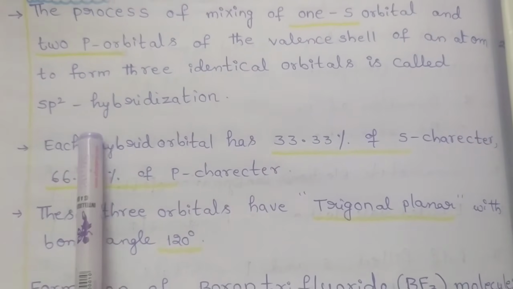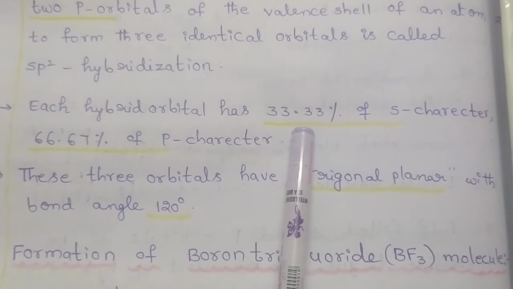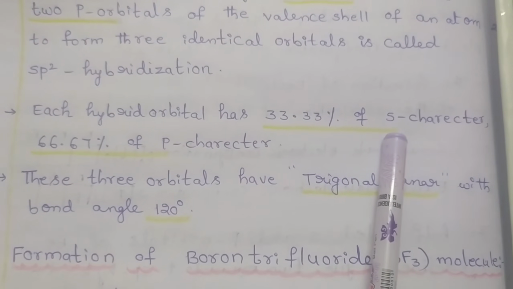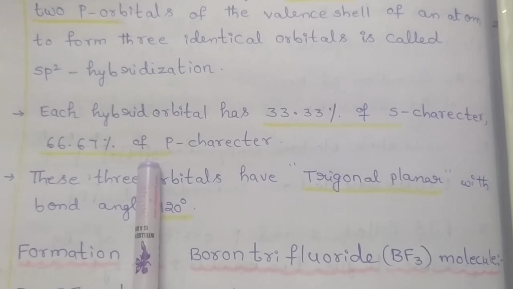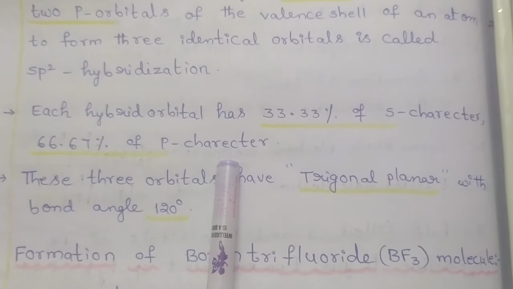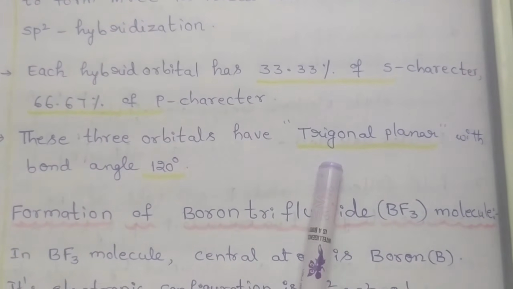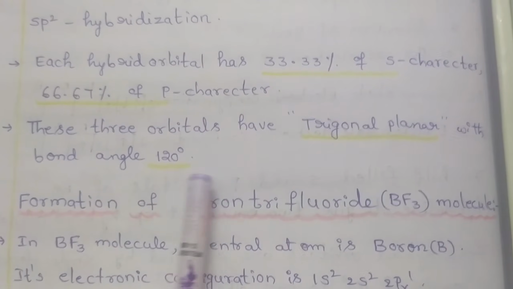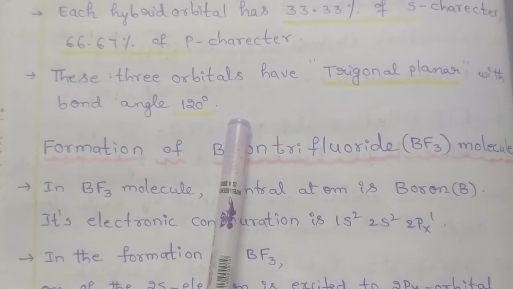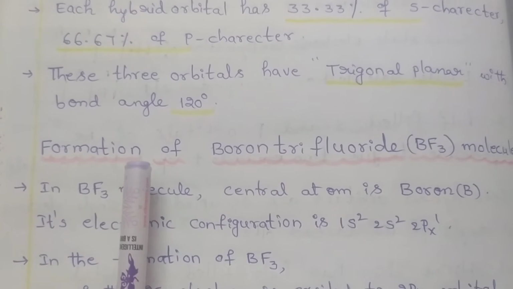In sp2 hybridization, each hybrid orbital has 33.33% of s character and 66.67% of p character. These three hybrid orbitals have trigonal planar shape with bond angle 120 degrees. Now we discuss the example for sp2 hybridized molecule.